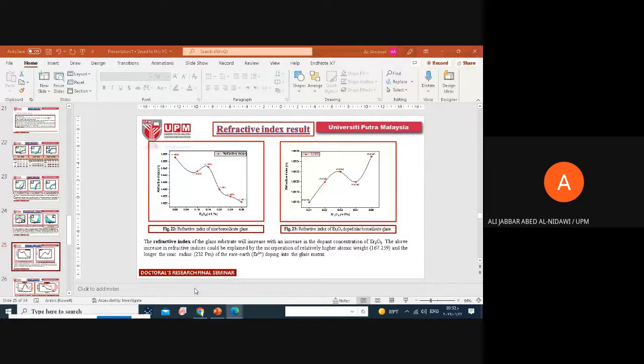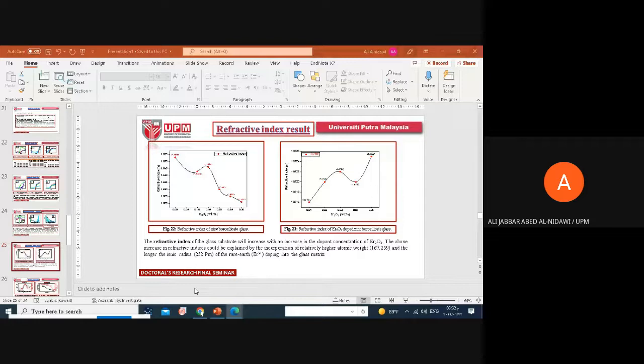Excuse me, what is the second question? For the second question, why does the refractive index decrease when your boron oxide content increases? The refractive index of the glass substrate decreases with increasing doping concentration.